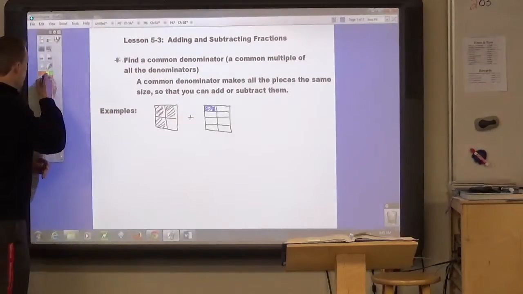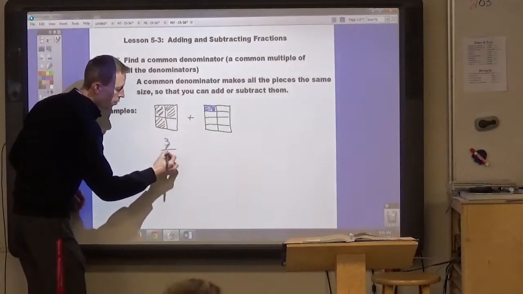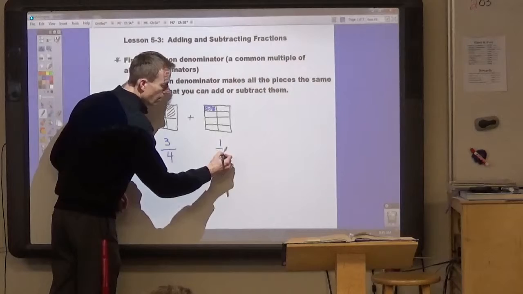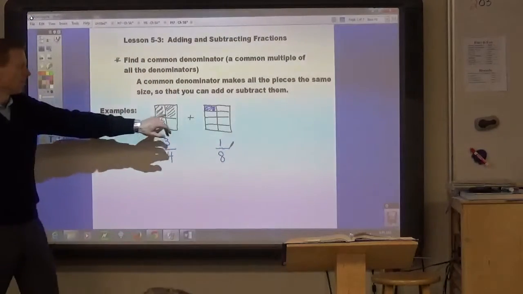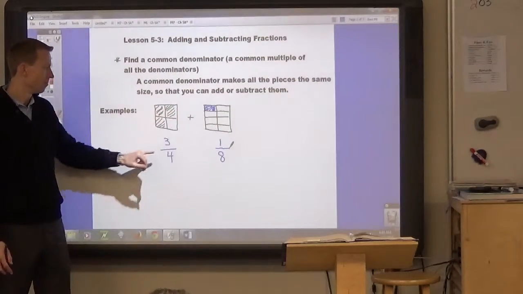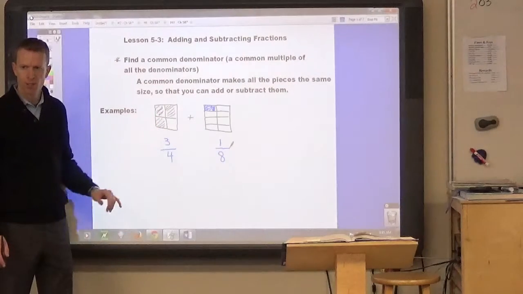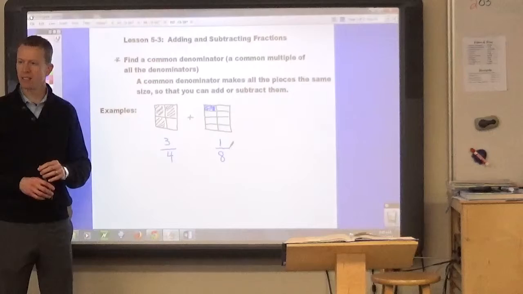And I had you draw this because this is 3/4 and this is 1/8. Now, you can't add these two pieces and say, well, I've got 4/8 or 4/4, because the pieces are not the same size.